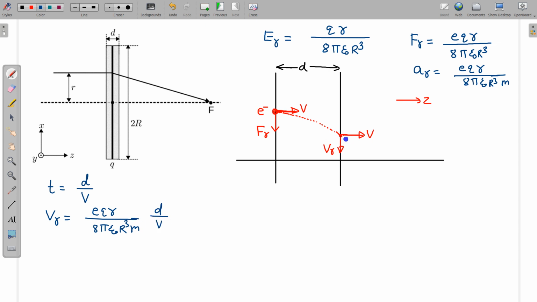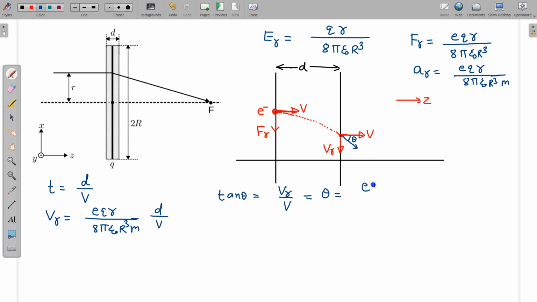And what is the deflection? What is the deflection angle? This is the deflection angle theta. This is the original direction, and from this original direction now it is moving something like that. So the deflection angle theta, or tan theta if you write, is equal to Vr divided by V. You can see this theta will be very small, so we can also write tan theta equal to theta.